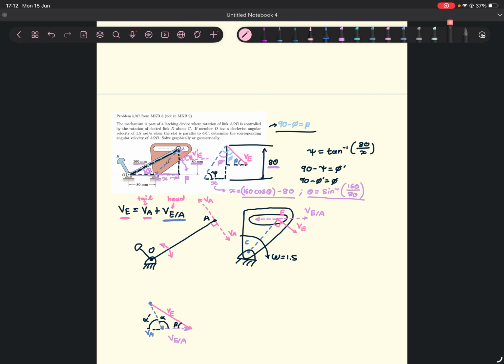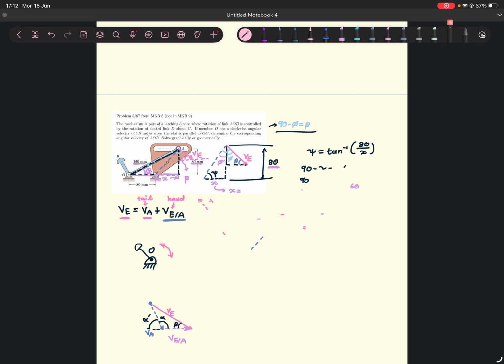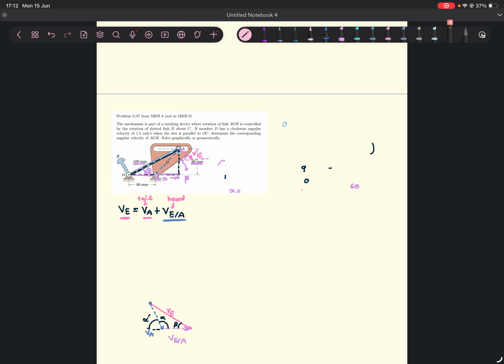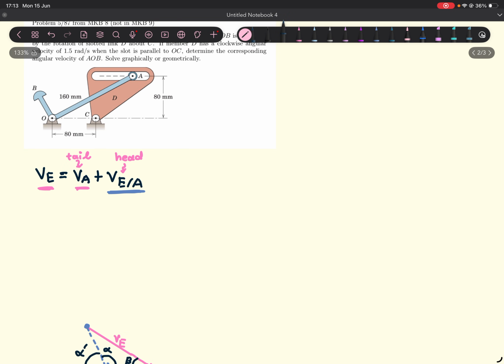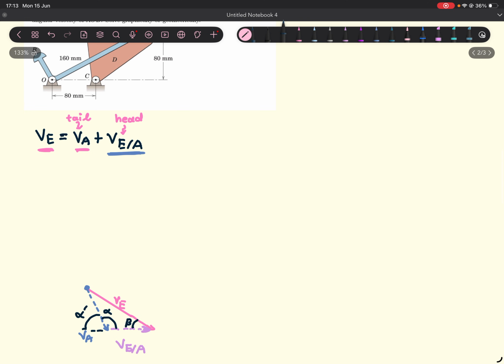Let's try and find the next one. So we're going to use the same approach, right? Where we draw our vector on our diagram, and then we use hints from our diagram to try and solve for the angle.